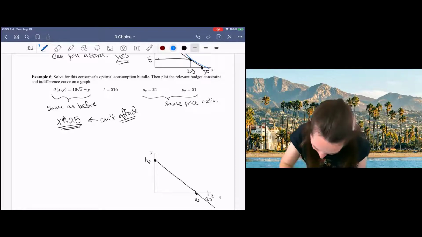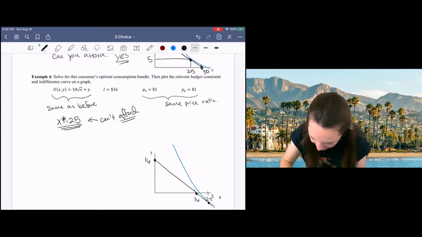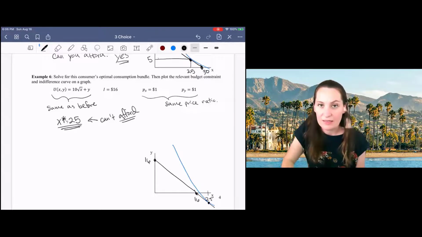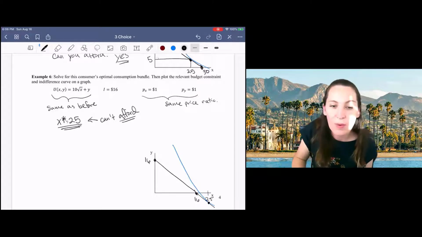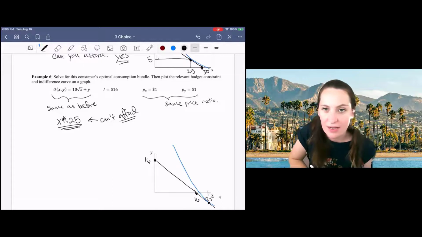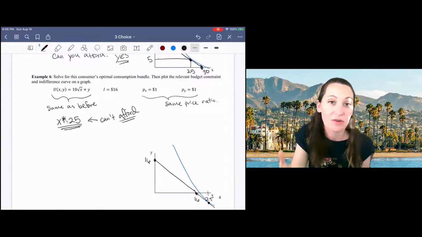But the problem is that that tangency now occurs below the x-axis. That's not good, right? You can't have 25 units of x and -9 units of y because you can't have a negative amount of a product.